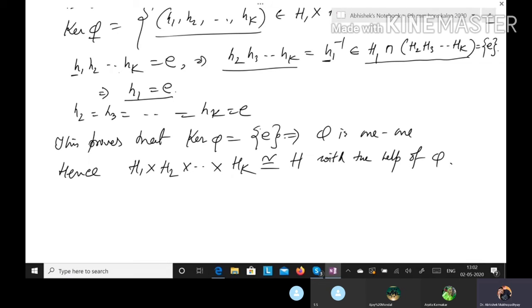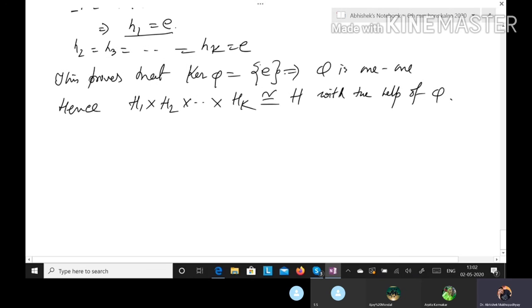So if we suppose one of them, then it will imply the others. So in view of this theorem, another important observation is that we may consider internal direct product of groups.